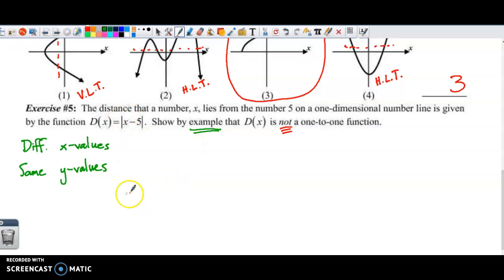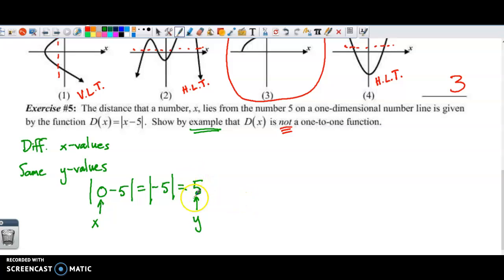Most times I do this, students will guess to let x equal 0, just because 0 is an easy number to work with. Well, if you subtract 5 from 0, you get negative 5. And then the absolute value of that would make it positive 5.